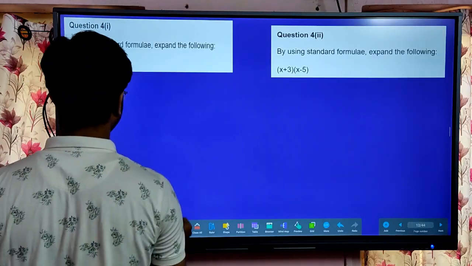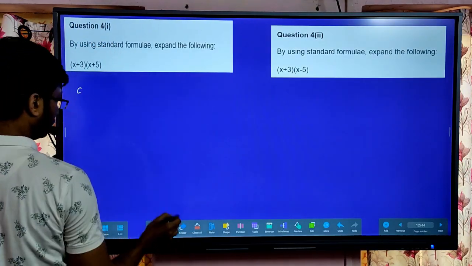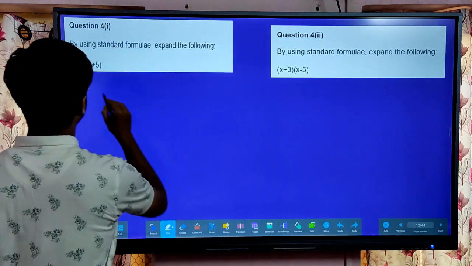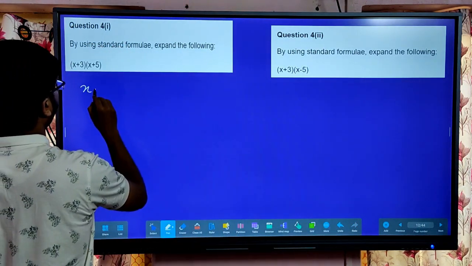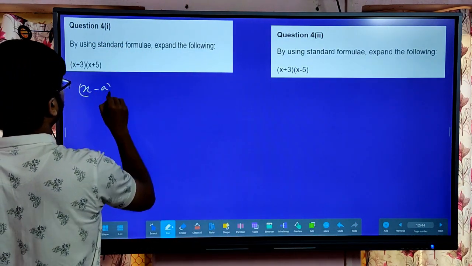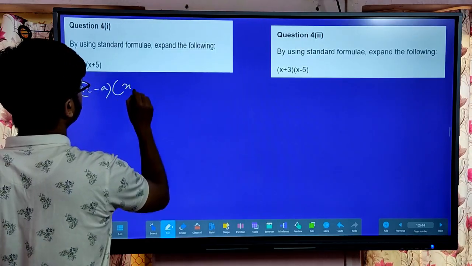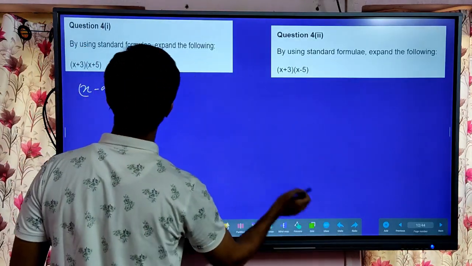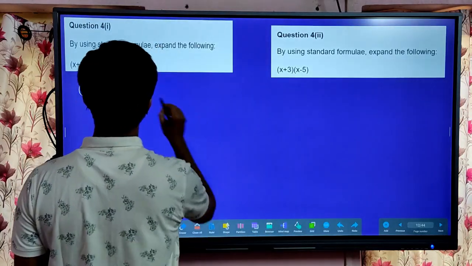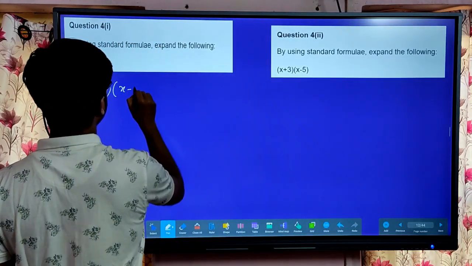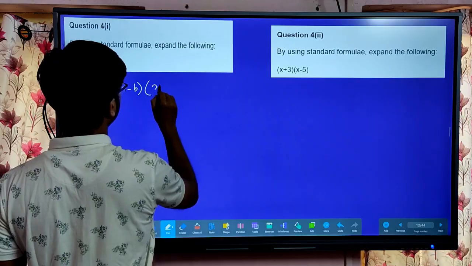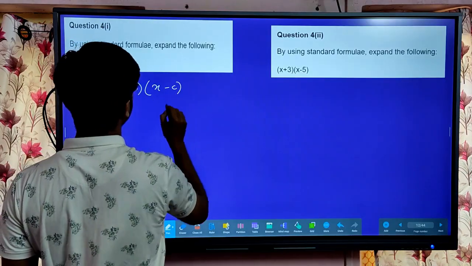Last form, that is x minus a into x minus b into x minus c.